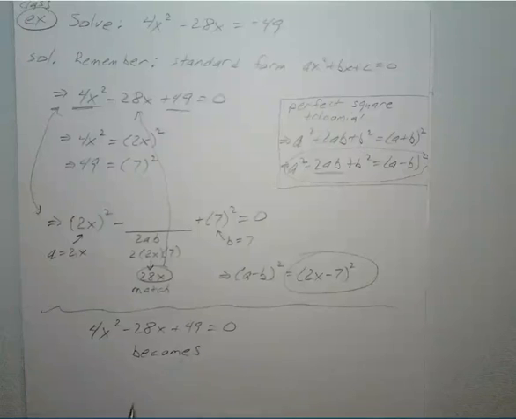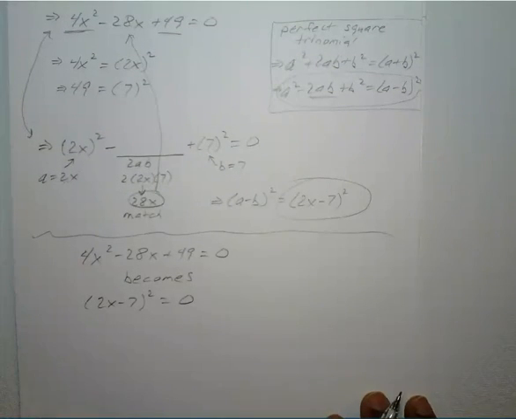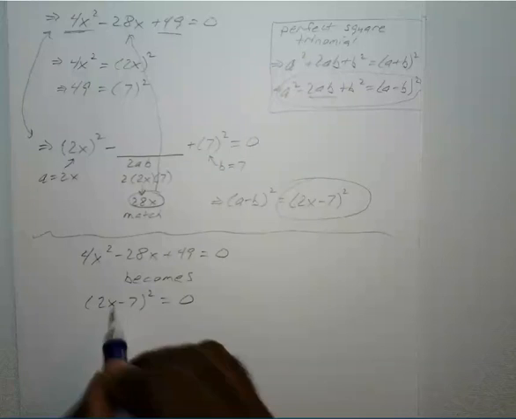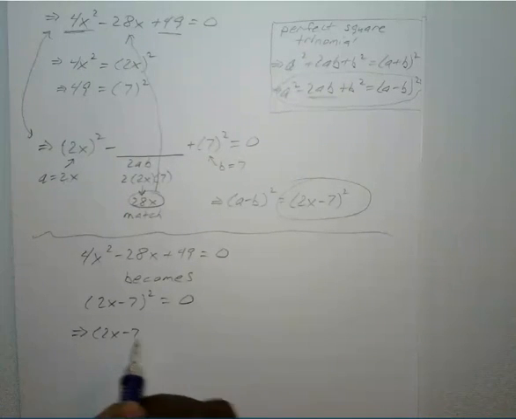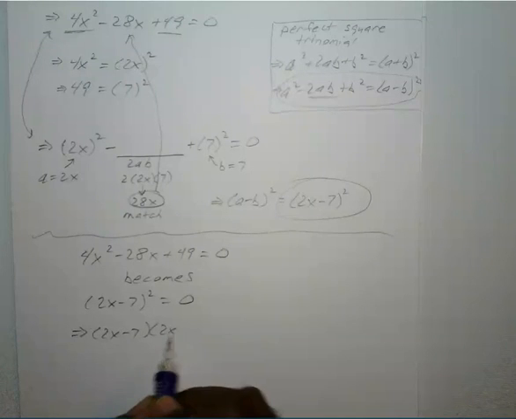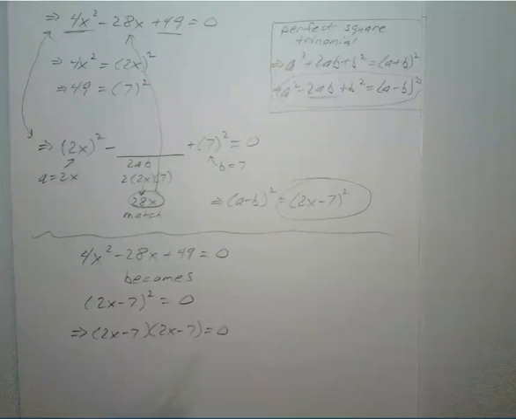That becomes, because remember, we just factored that part, 2x minus 7 squared equals 0. Okay, so 2x minus 7 squared is just 2x minus 7 times 2x minus 7 equals 0.